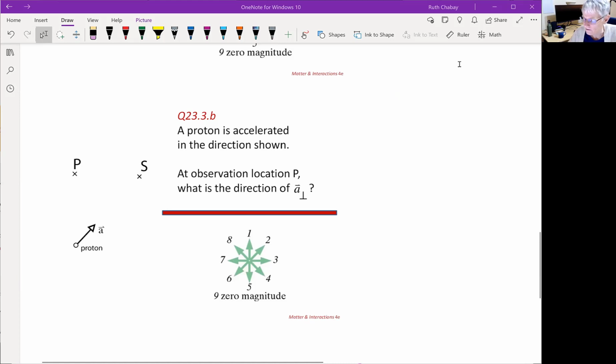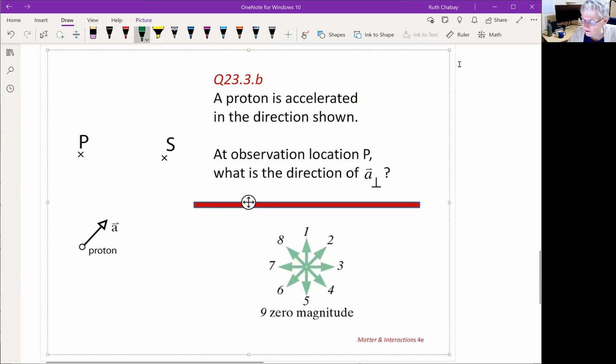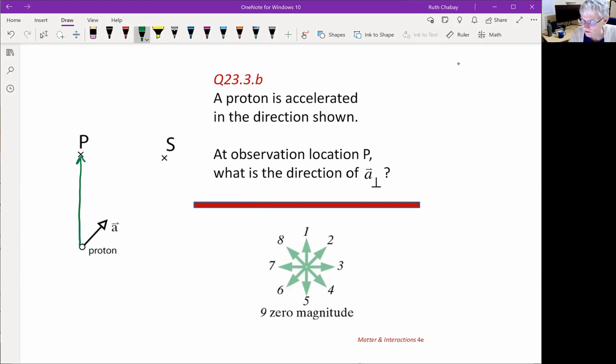So let's see how to figure this out. Since perpendicular means perpendicular to the direction of propagation, we want to draw the r vector. And then we need to draw a line that's perpendicular to r. Now, what's the component of acceleration that's perpendicular to r?